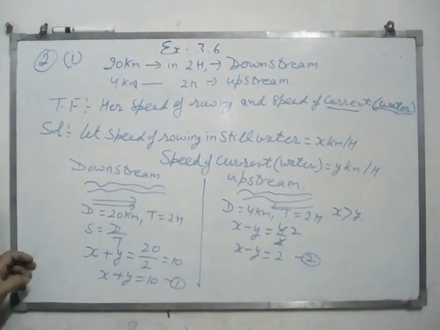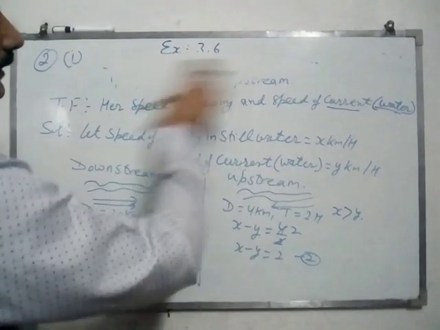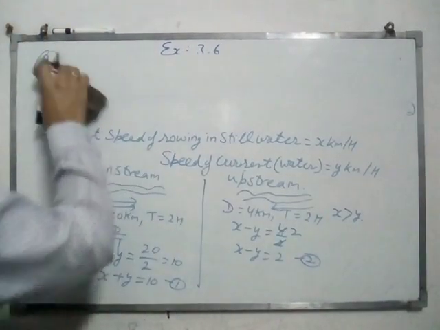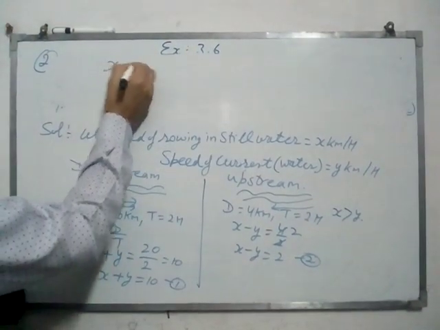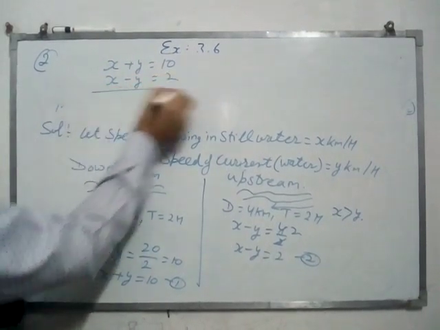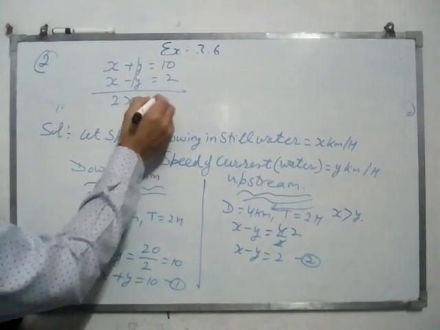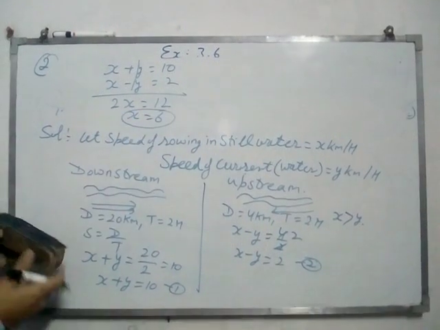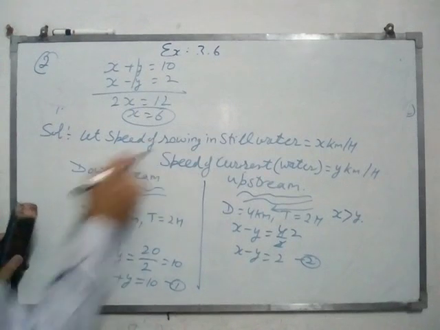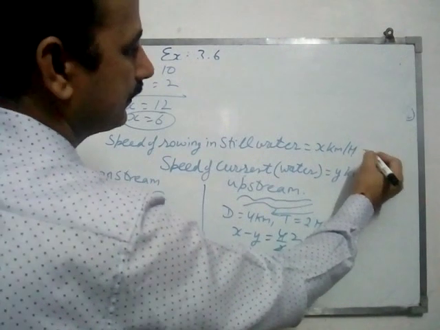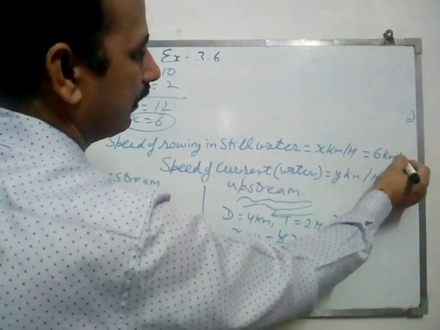So by solving equations first and second, we find the value of x and y. Adding x plus y equal to 10 and x minus y equal to 2, y cancels with y. 2x equal to 12, so x equal to 6. Right? So the speed of rowing in still water, that is x, becomes 6 kilometers per hour.